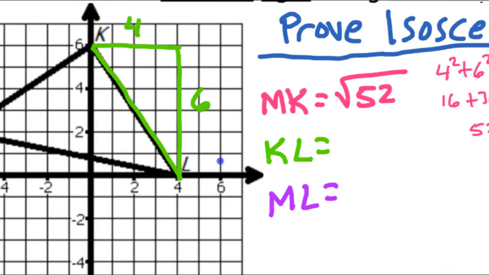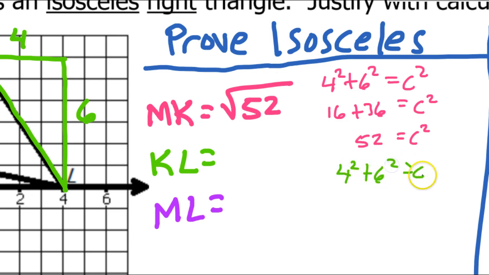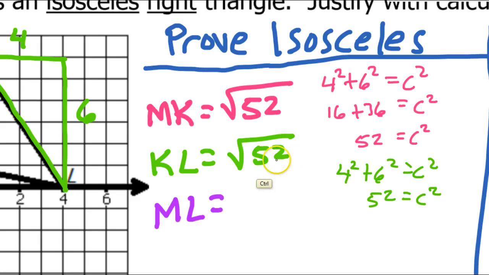Wait, that's the same numbers I had last time. So I really don't need to do it again, right? If I did 4 squared plus 6 squared is equal to c squared, I'm just going to get 52 again. So KL is again going to be the square root of 52.